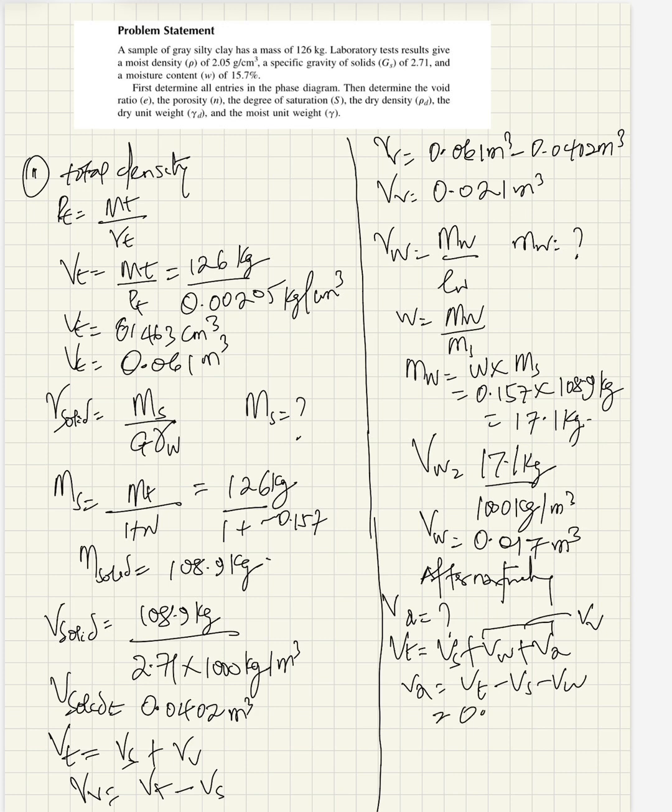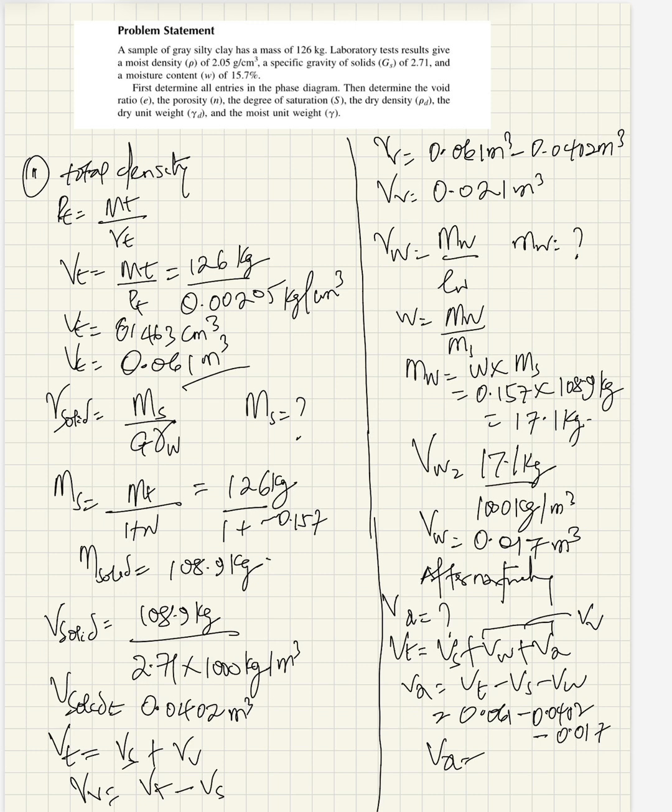Total volume, we have it here, is 0.061 minus volume of solid, which we have to be 0.0402, minus volume of water. Volume of water is 0.017. So volume of air equals 0.061 minus 0.0402 minus 0.017.